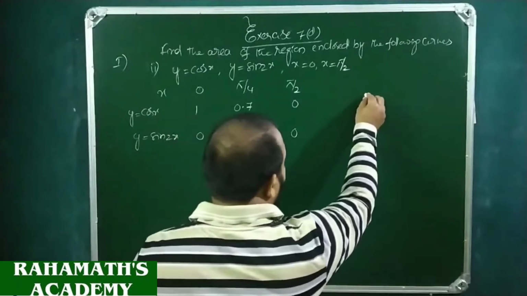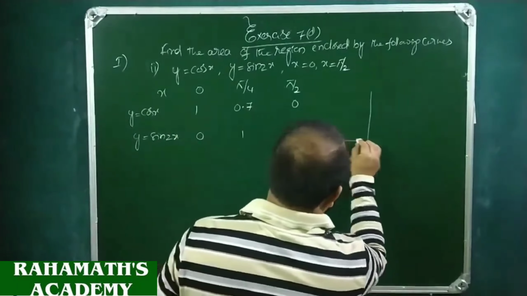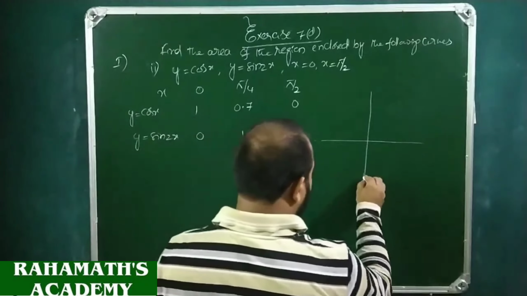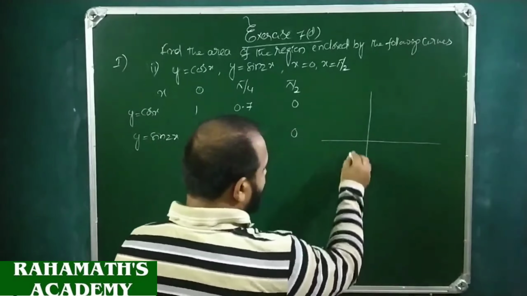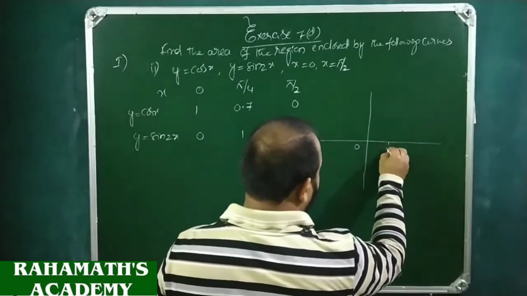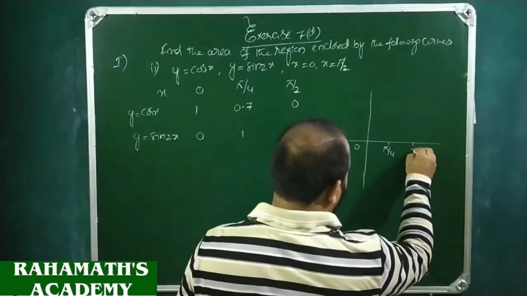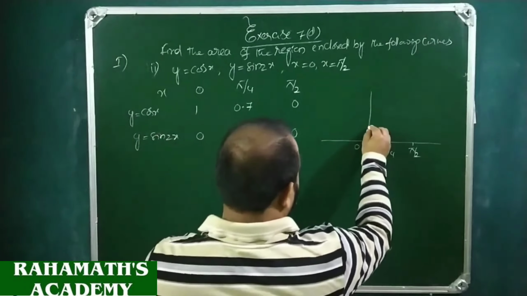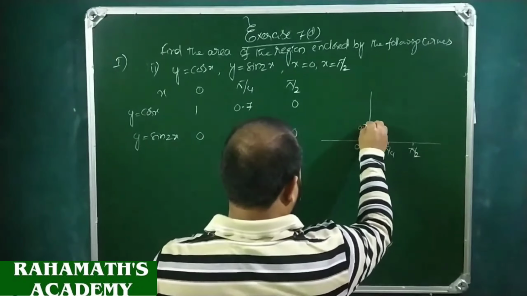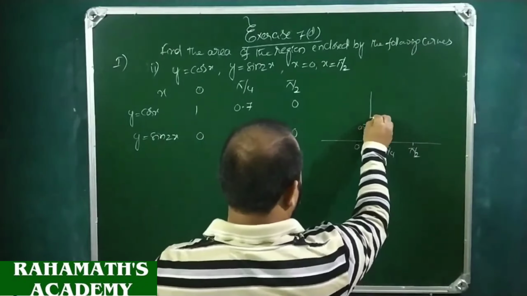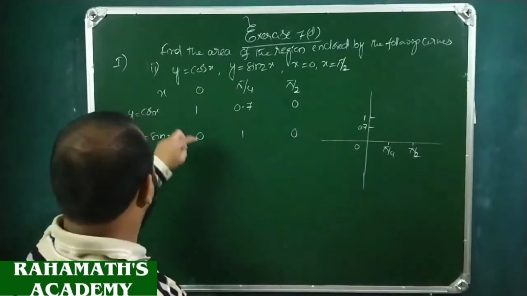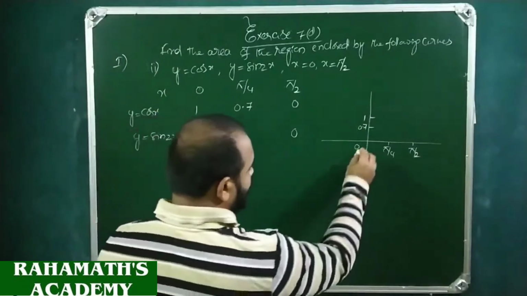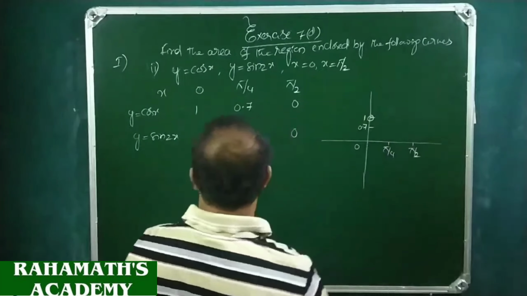Let us take the coordinate axis now. This is 0, this is pi by 4, this is pi by 2. This is 0.7 and just above this is 1. Now, 0, 1 will be this.